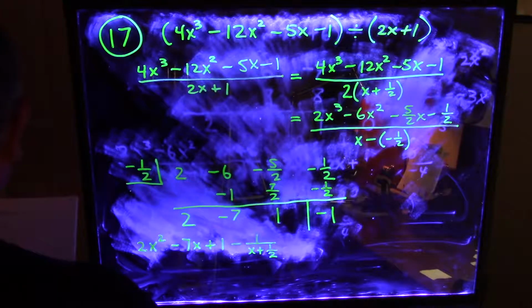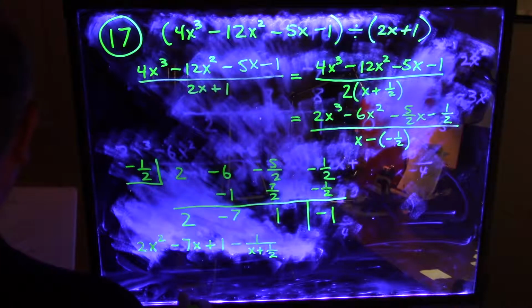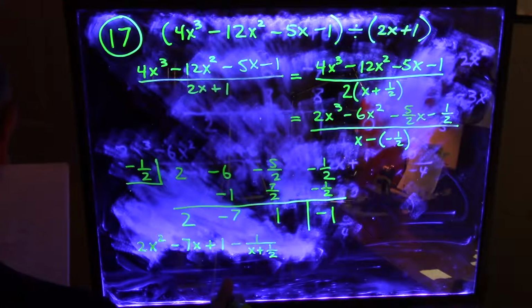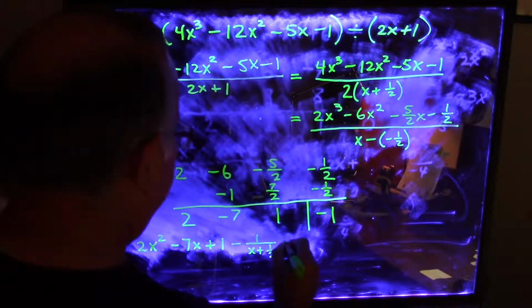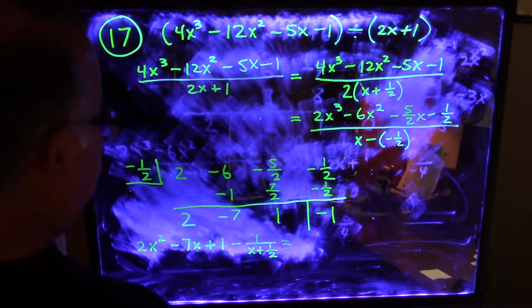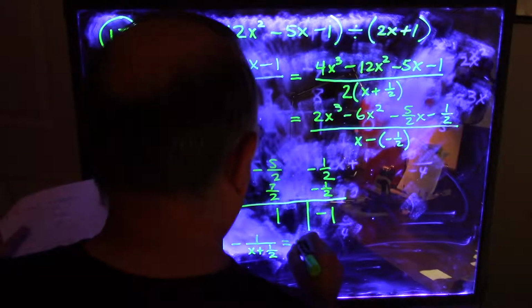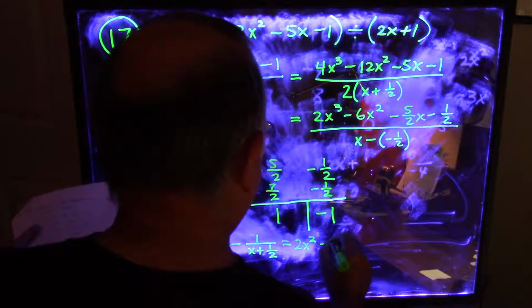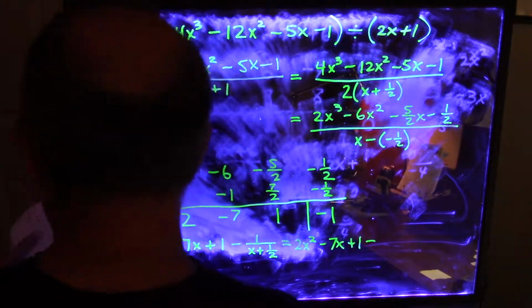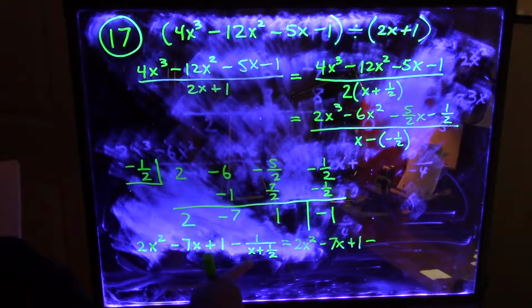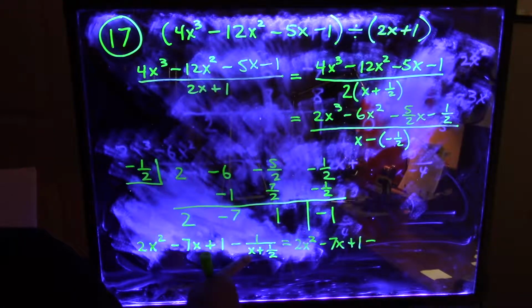So we can manipulate this a little bit and get back to the original divisor. So we've got 2x squared minus 7x plus 1 minus, and then multiply this by 2 over 2.